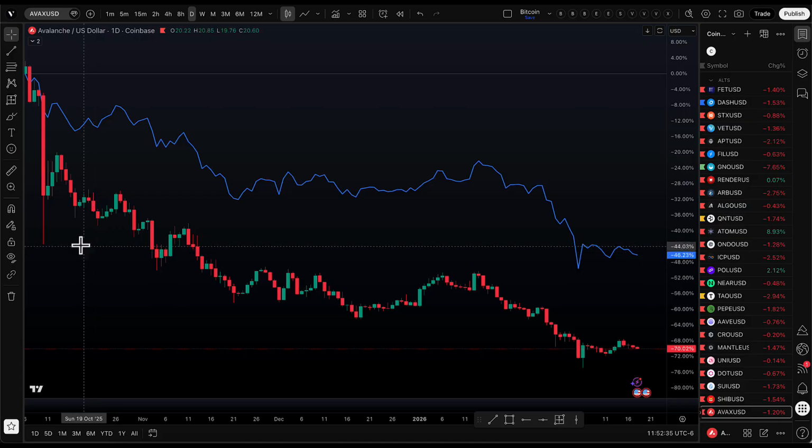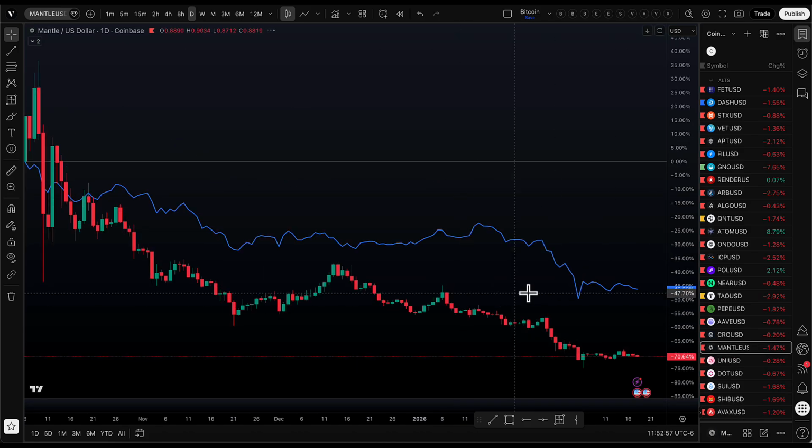So when you have a token that's been coming down, even these tokens don't just shoot back up and stay there generally. What they tend to do is they start to consolidate first below that Bitcoin waterline for quite a period of time. So that's why they're just best avoided. And, again, if we look at Mantle, where did you go, Mantle? This is what we're talking about here.